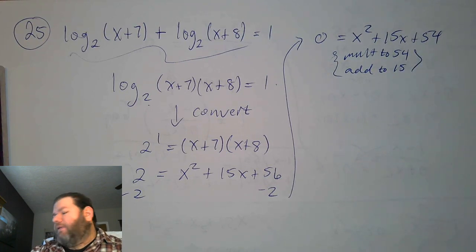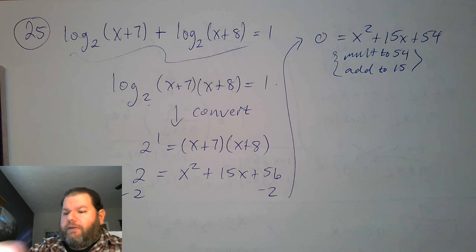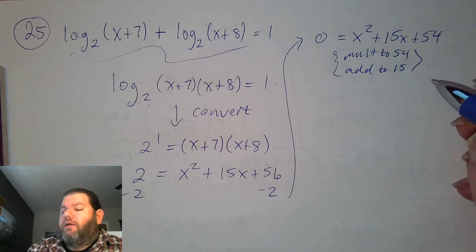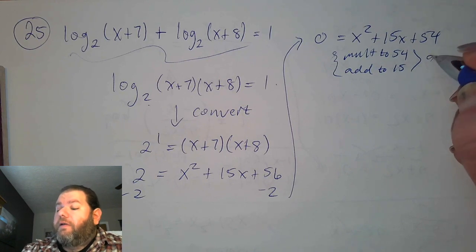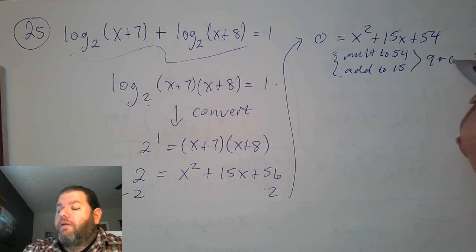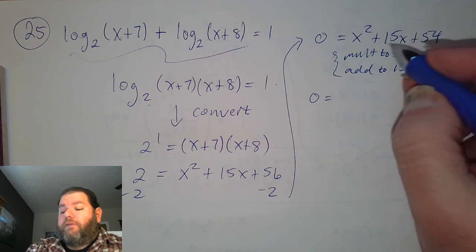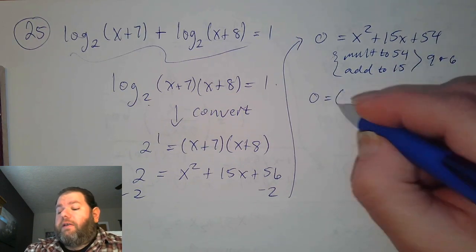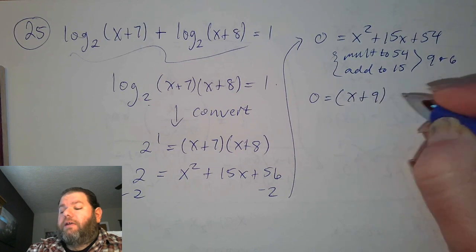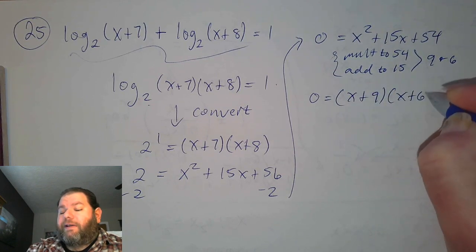And that is 9 and 6, I believe. Yes. They're both positive because both of these are positive. So it's x plus 9 and x plus 6.